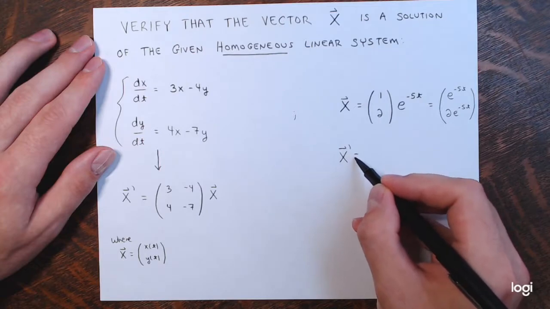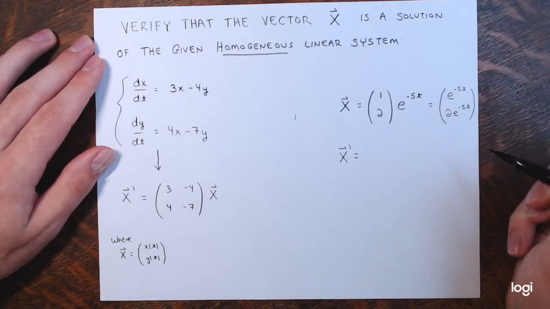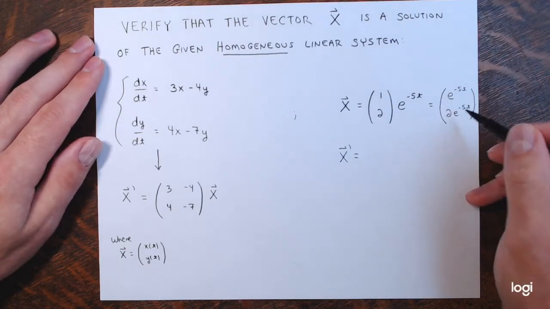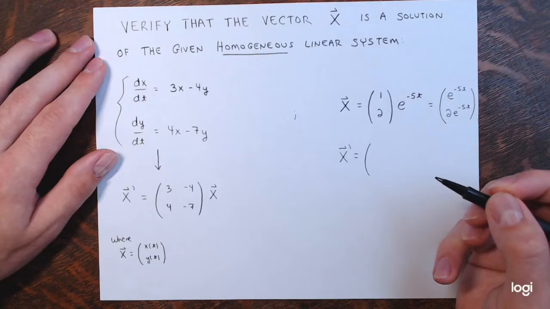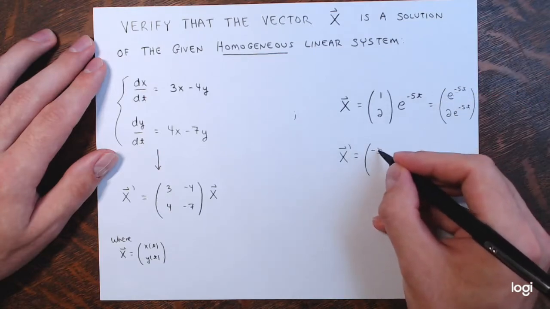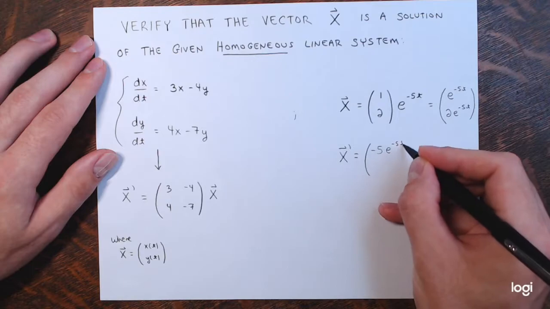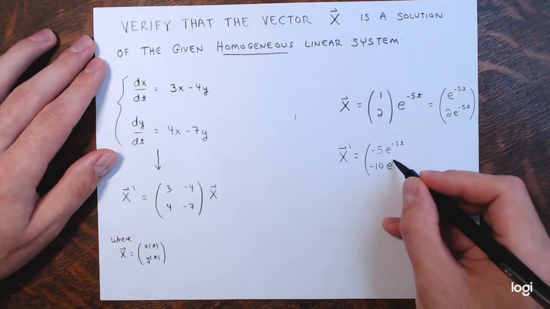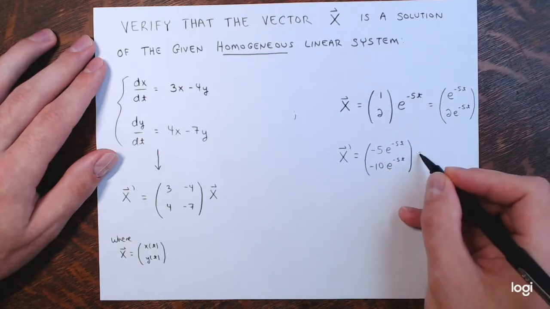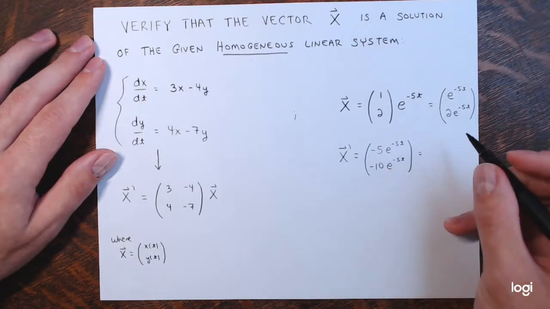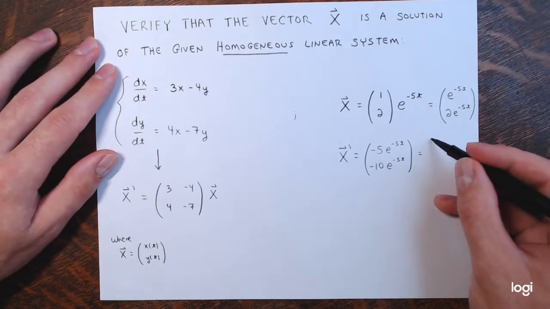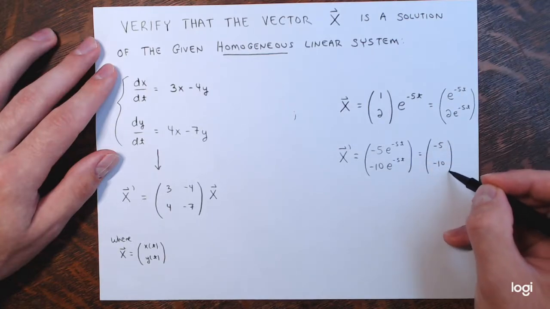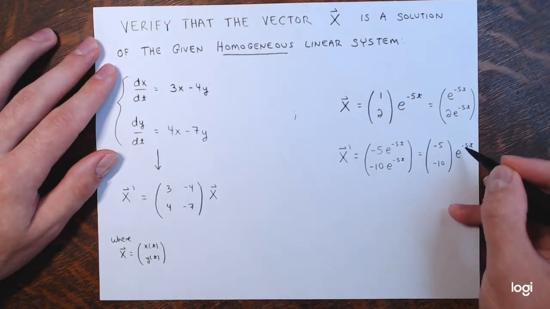Vector x prime is simply taking the derivative of each vector component with respect to t. So this would be -5 e to the -5t, and then -10 e to the -5t, and if you'd like you can pull the e to the -5t out and have vector -5, -10 times e to the -5t, same thing.